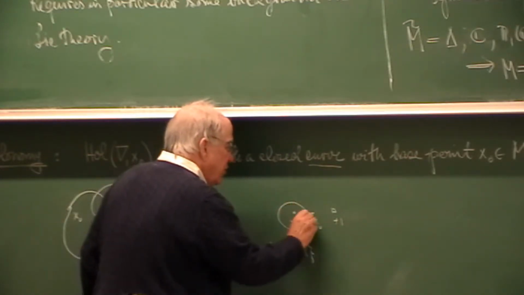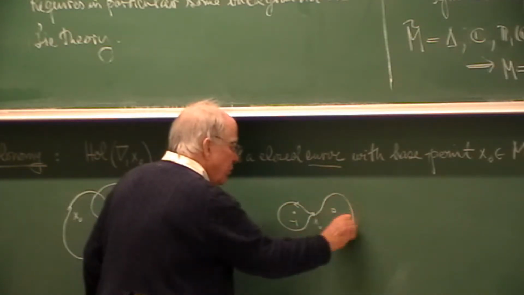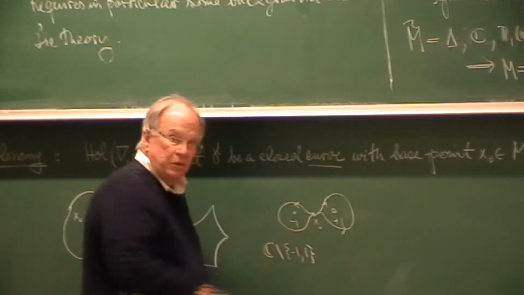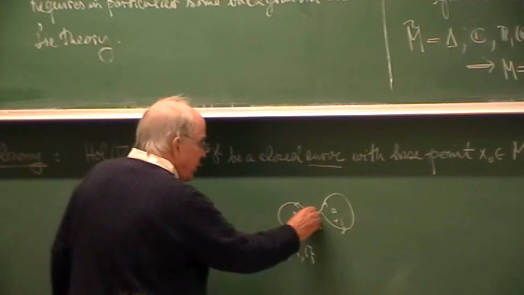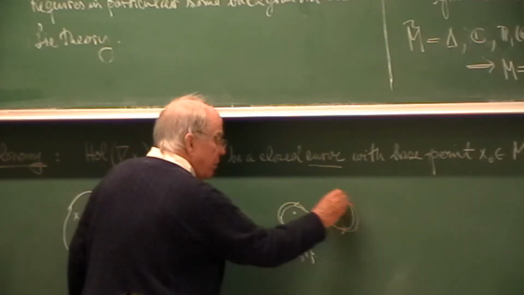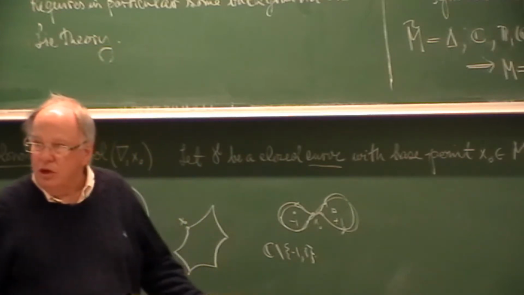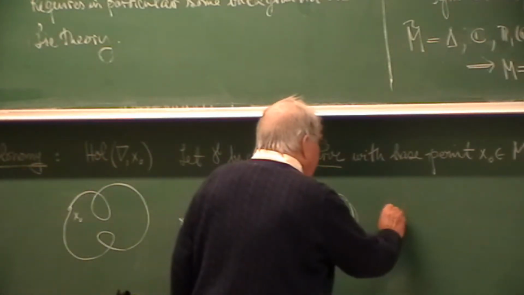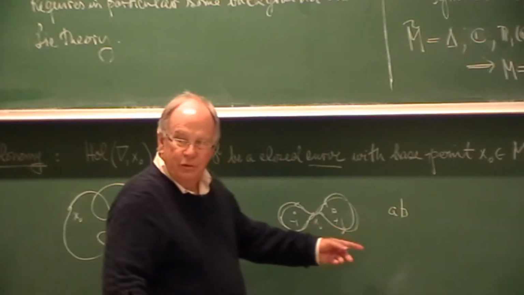I see a non-trivial loop around -1, maybe like that, and a non-trivial loop around +1, something like that. And then, if you're not stupid, you see a non-trivial loop around both, and that's how you multiply the two curves. You have A times B, and I don't know what is A and what is B, but I don't care.